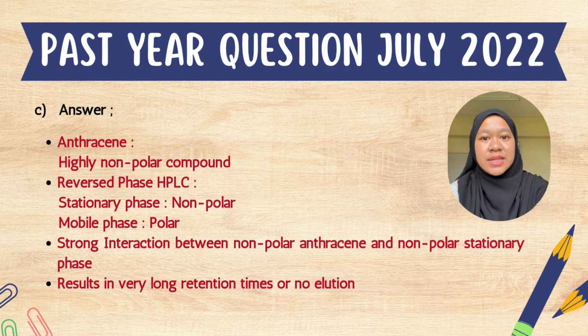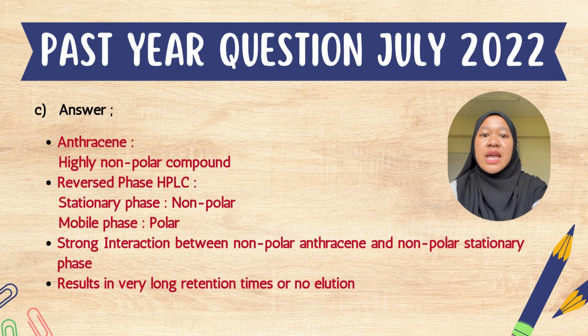Okay, for the third question, the question is, arginine, phenylalanine, and atrazine compounds are shown in figure 3. They are to be separated via reverse phase HPLC. Explain the reason why atrazine should not be analyzed using this method. The answer is atrazine is a non-polar compound.